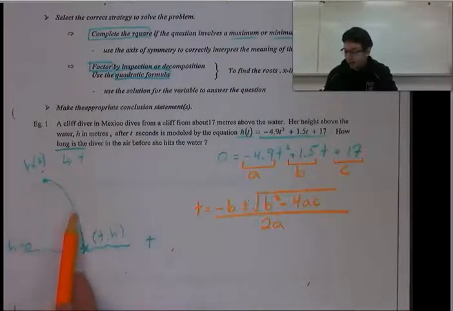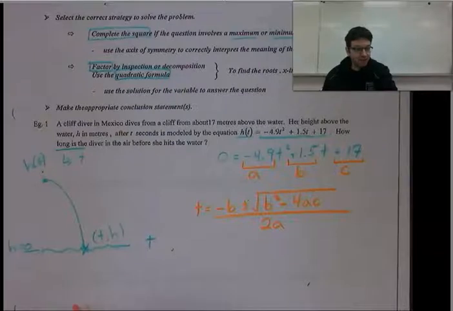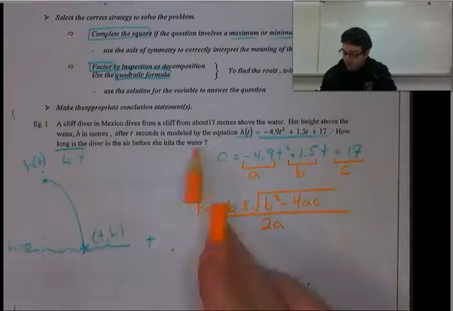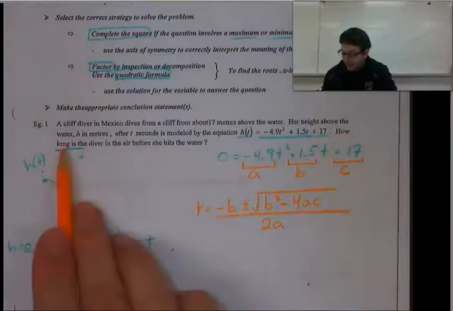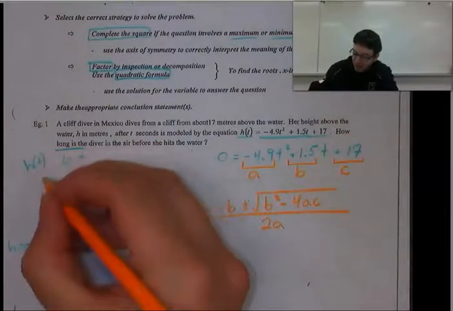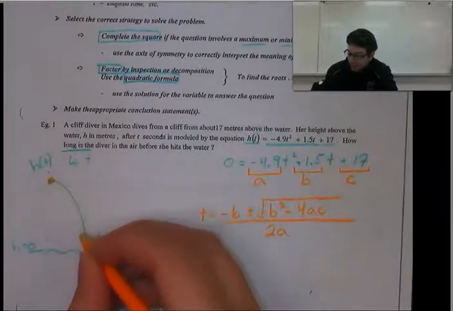Just a rough graph of what's happening. Right? Like a diagram. Draw a diagram. Okay? Once you have a diagram, try to identify what it's asking you. How long is the diver in the air before she hits the water? So the time it takes to go from here until you hit the water to here.